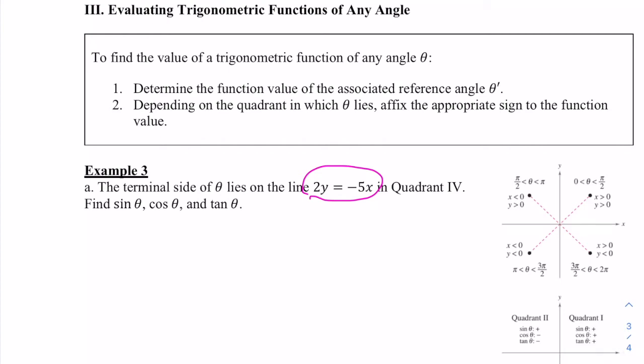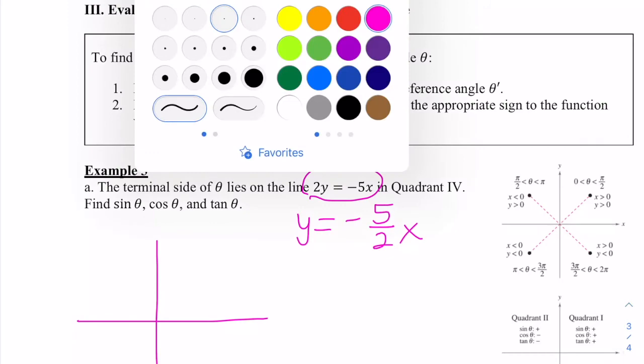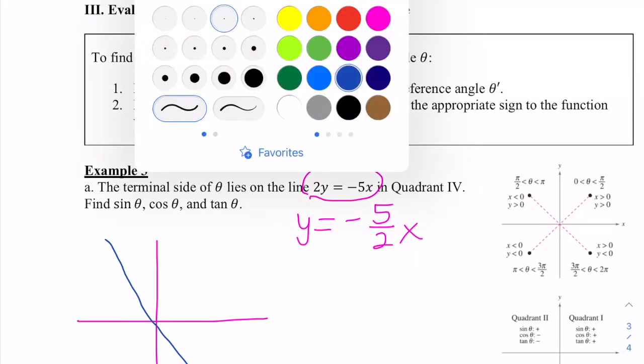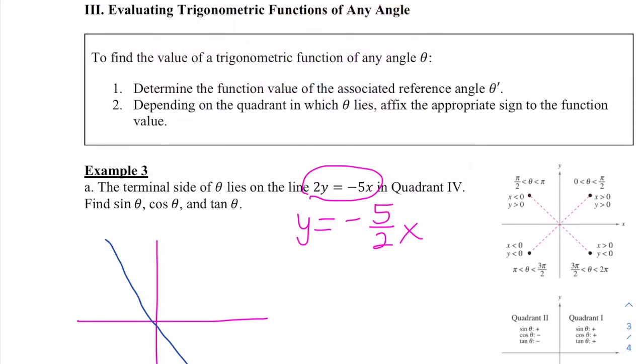Well, we just need to first isolate y. So that's going to be negative 5 halves x. And if you remember, I said something about the slope being equal to the tangent, right? So let's put this on a graph here. And I'm just going to graph a line here with a negative slope. The problem says the terminal side is going to be in quadrant 4.